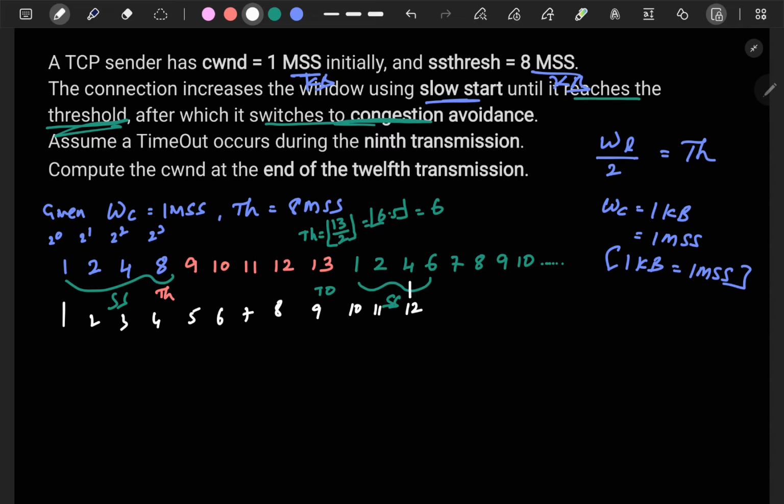This is the 12th transmission, and it asks for the congestion window at the end of the 12th transmission. After the end of the 12th transmission, the congestion window size is 6. The answer is 6 MSS.